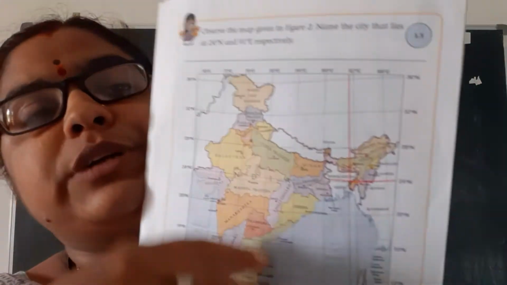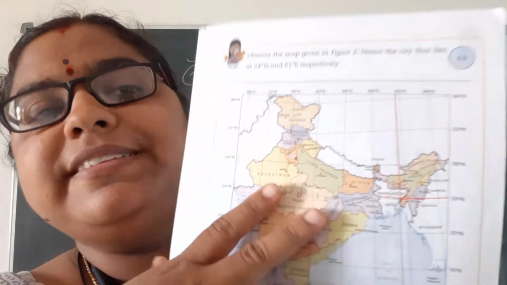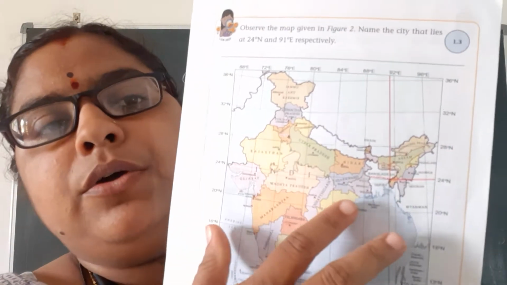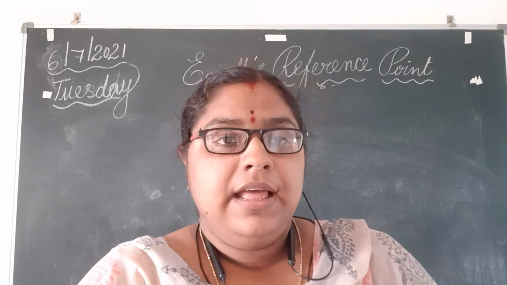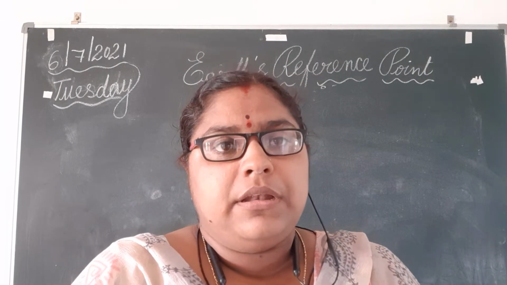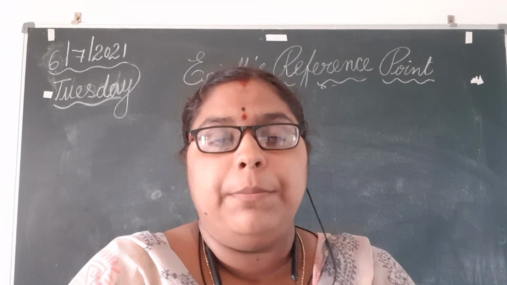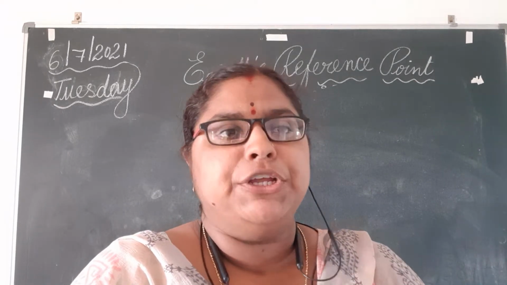Which city lies at 24 degrees north and 91 degrees east? Very good. The city is Agartala. You can do the activity by observing this map, so it will be easy for you.